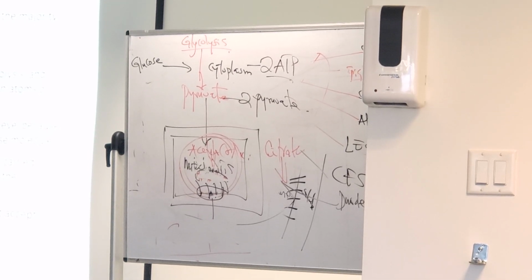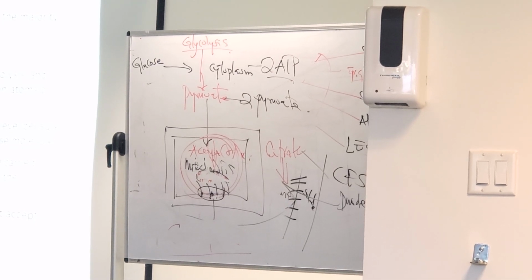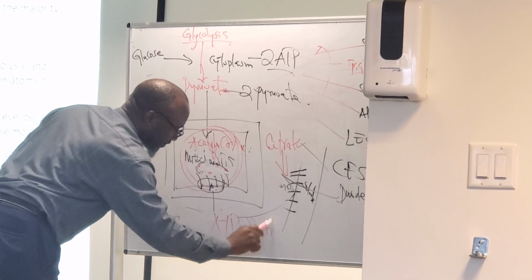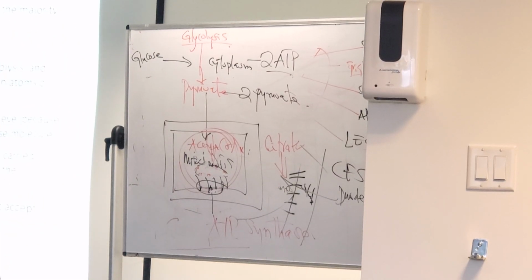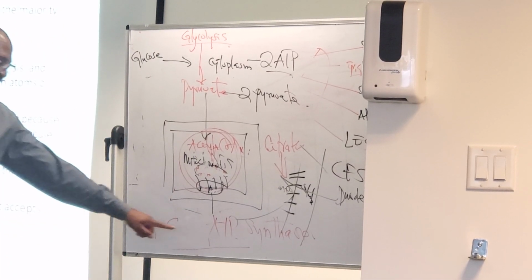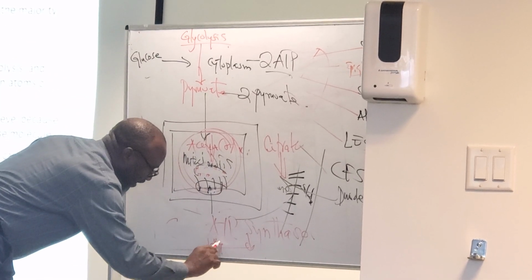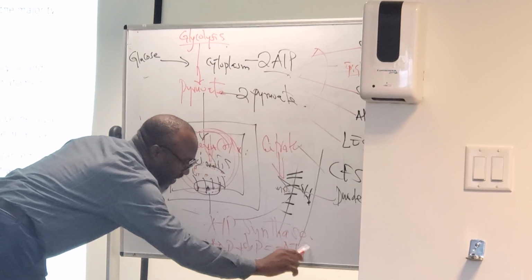That diffusion activates an enzyme called ATP synthase. So once the proton begins to diffuse back, this enzyme is activated and it catalyzes the addition of ADP plus phosphate to produce ATP.